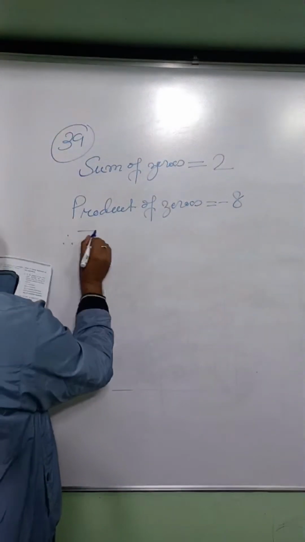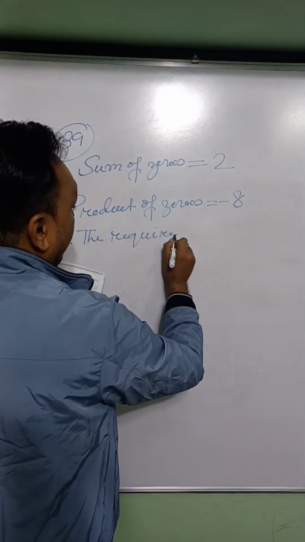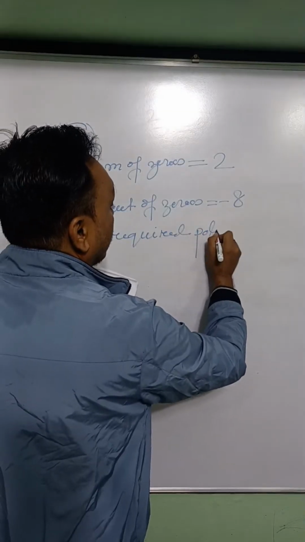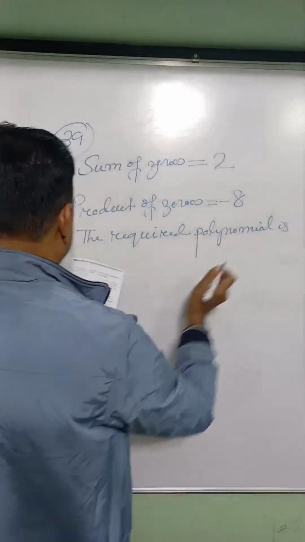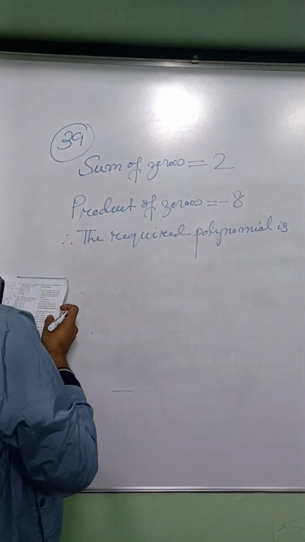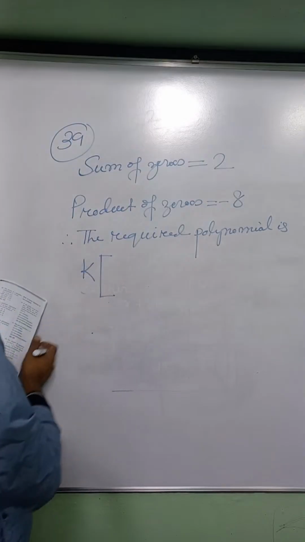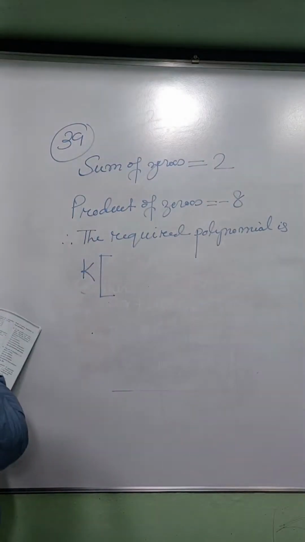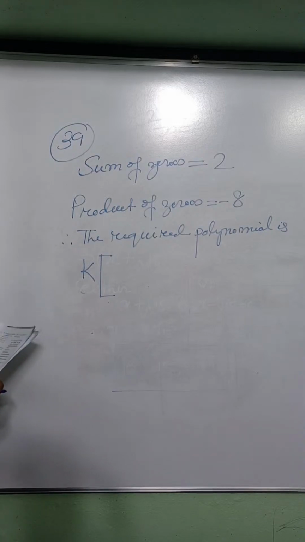Therefore, the required polynomial is, what is that formula? k is a constant term, a non-zero real number.